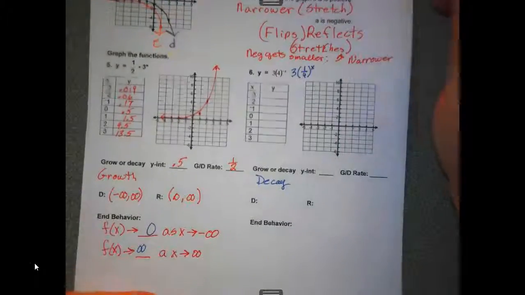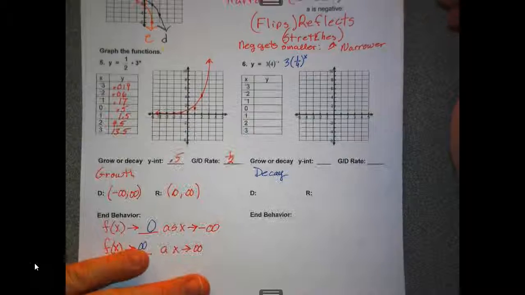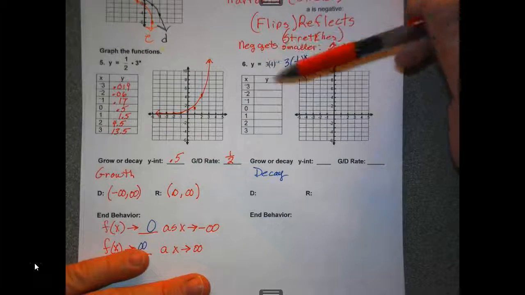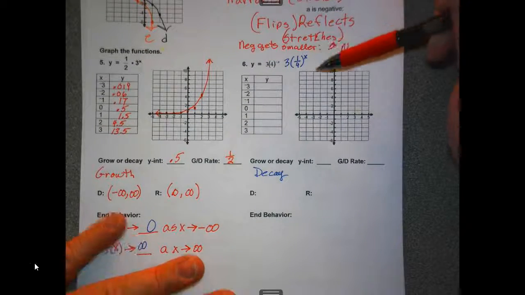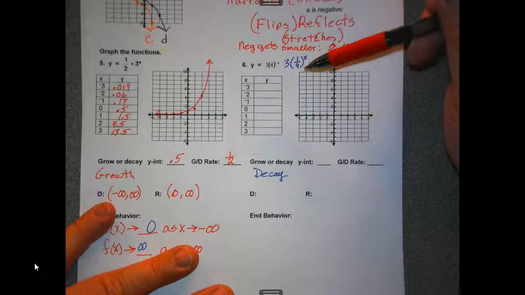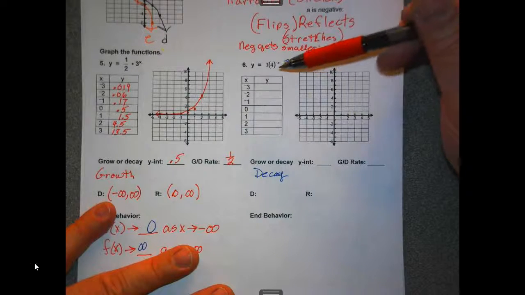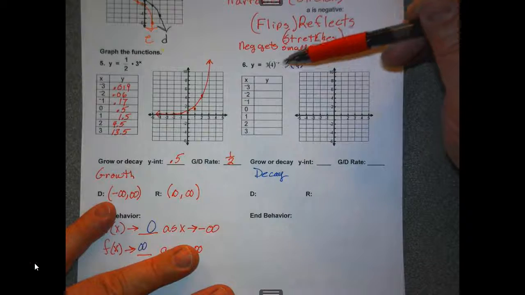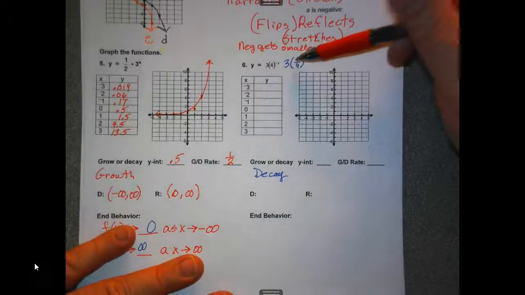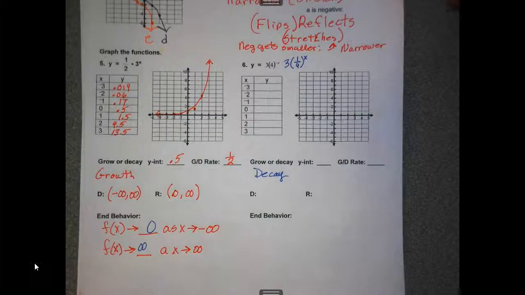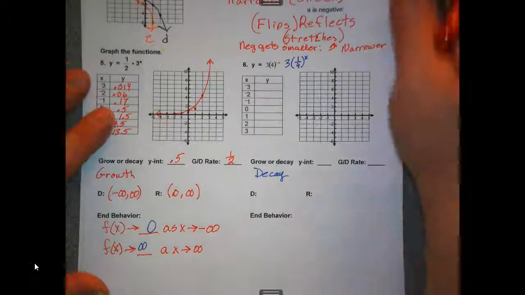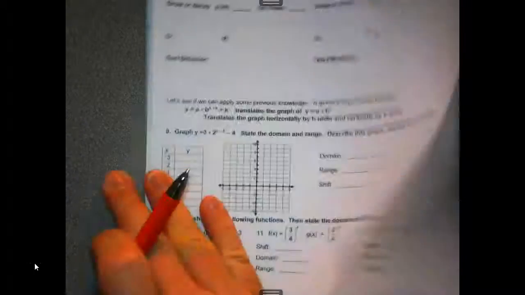Then we did another example. And then I showed you guys that you had to be careful of negative exponents. It actually looked like a growth problem, but then because of the negative x, it made it a fraction, which now is a decay. Okay. Deal with it.